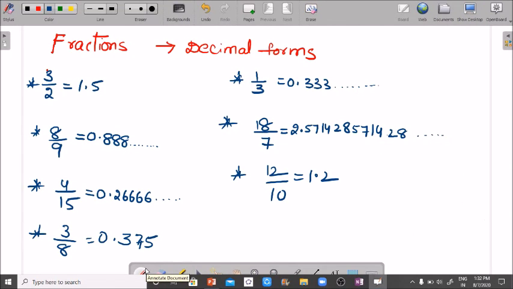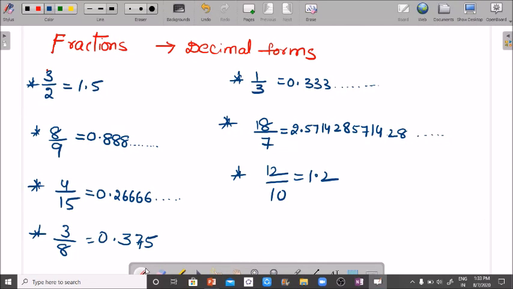Now let's discuss these decimals and classify them. Are all the decimals the same?